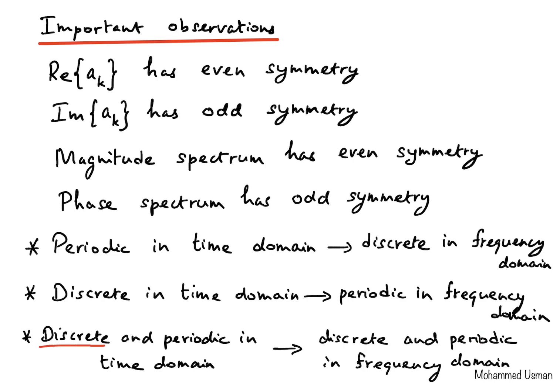So let me mark that. Discrete in the time domain corresponds to periodic in the frequency domain, and periodic in the time domain corresponds to being discrete in the frequency domain. These are some important observations related to the plots of the Fourier coefficients that we have seen.